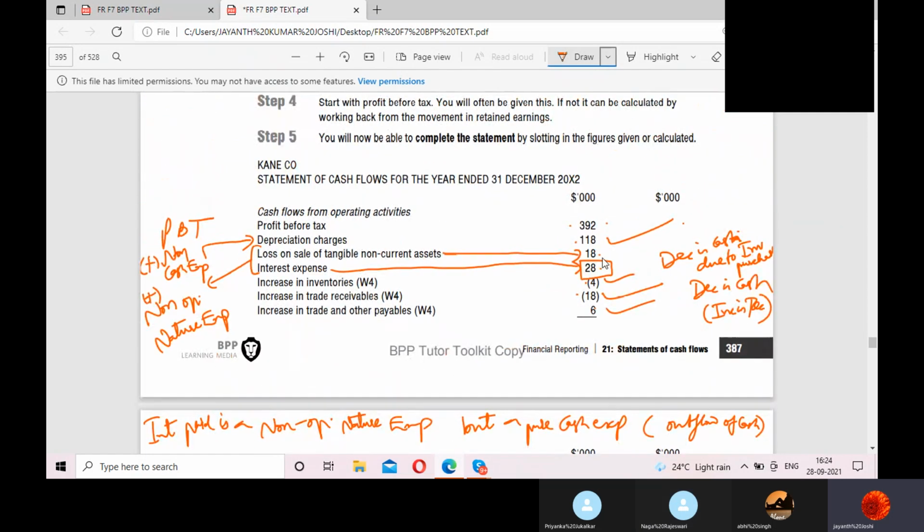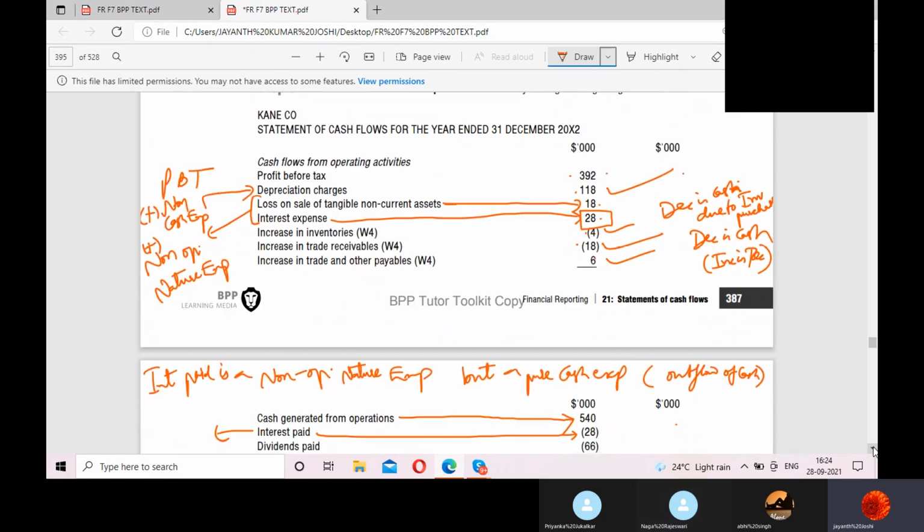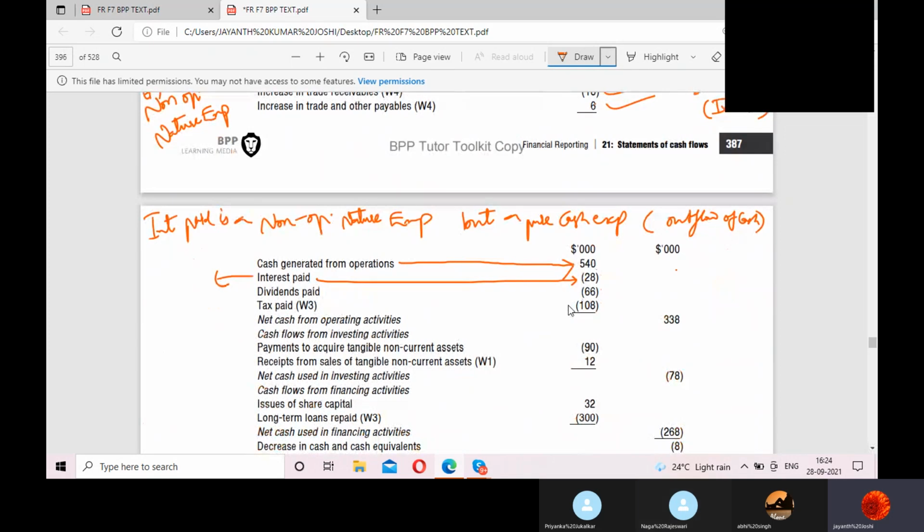Here as a non-operating nature expense, yes. If you want to write here, you can write, or if you want to write in the financing activities, you can write. There is no problem. However, this is going to get deducted now. Because IFRS is flexible in its treatment, as per IFRS, you can show.